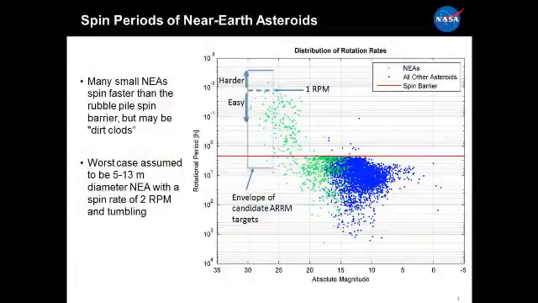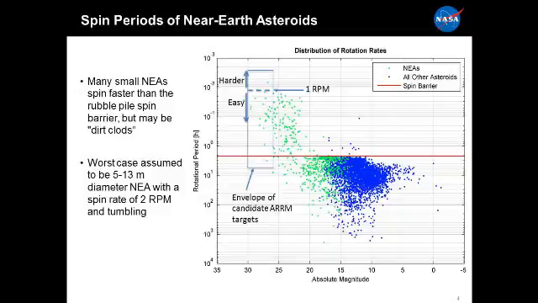So here is a chart showing the absolute magnitude, which basically maps to diameter, and spin rate for those that have been measured, at least as of a year or so ago, I think. And the box represents the 5 to 10 or 7 to 10 meter average diameters that we are interested in for this mission.